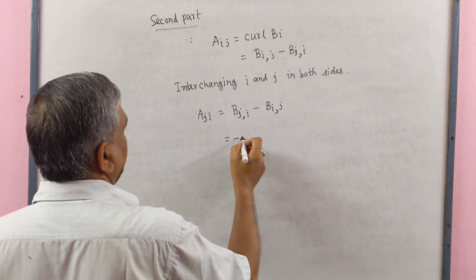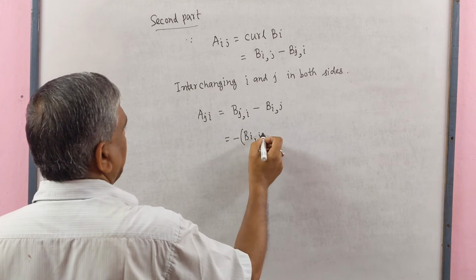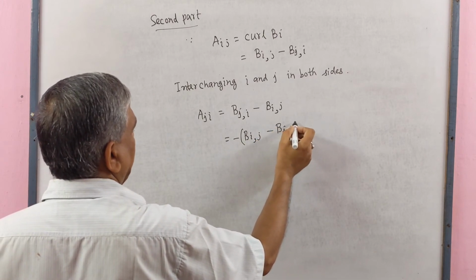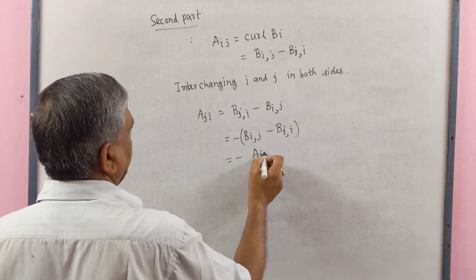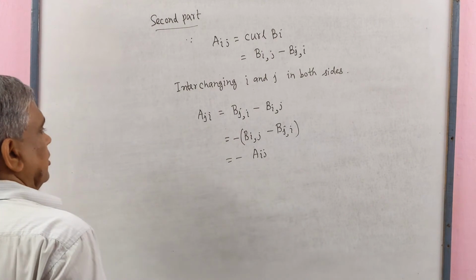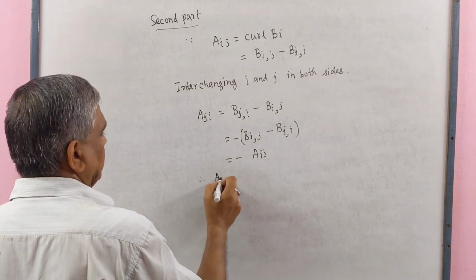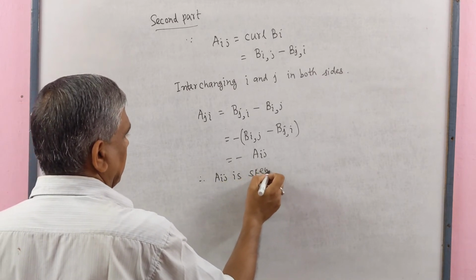This is equal to minus (b_i,j minus b_j,i), and this is equal to minus a_ij. Therefore a_ij is skew symmetric.